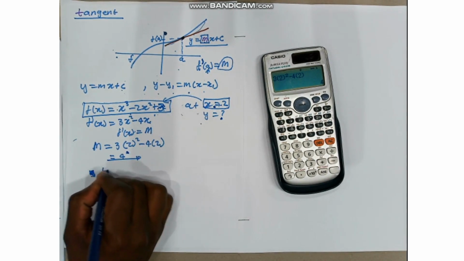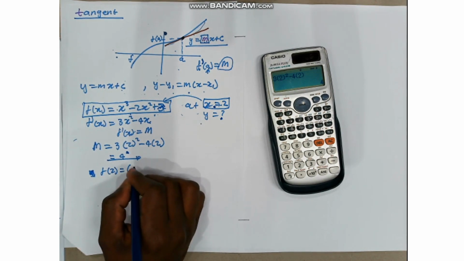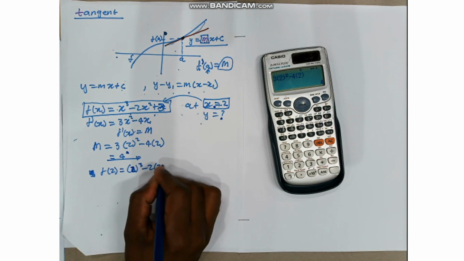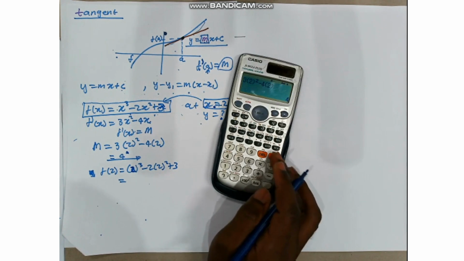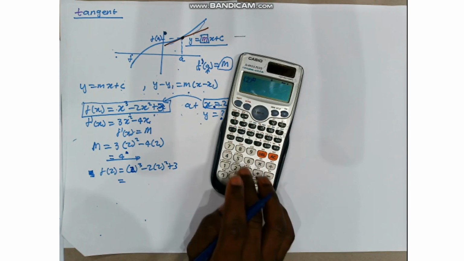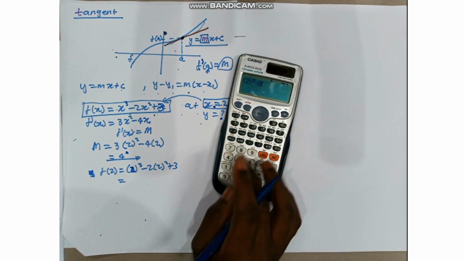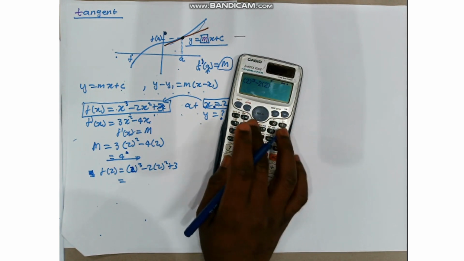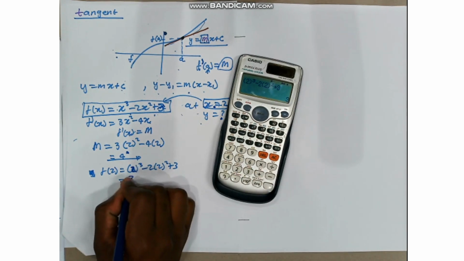Now let's find y of our point. Then x is equal to 2. We need to find y. 2 cubed minus 2 into 2 squared, then plus 3 is equal to 3.